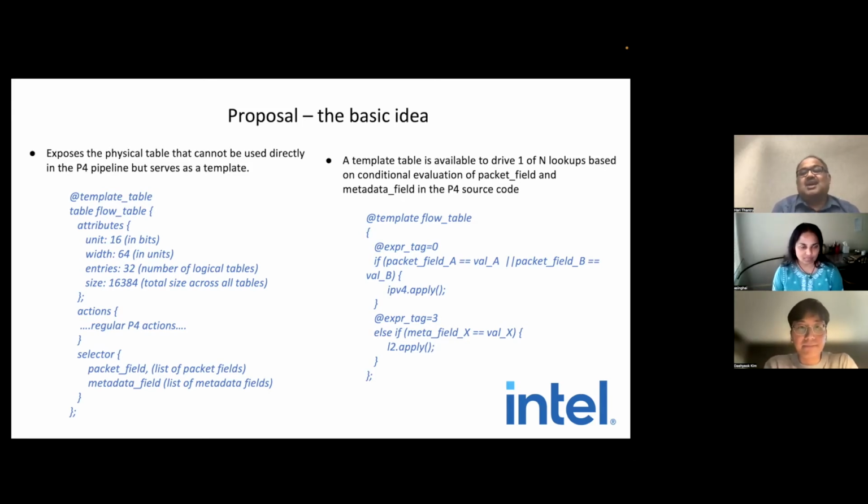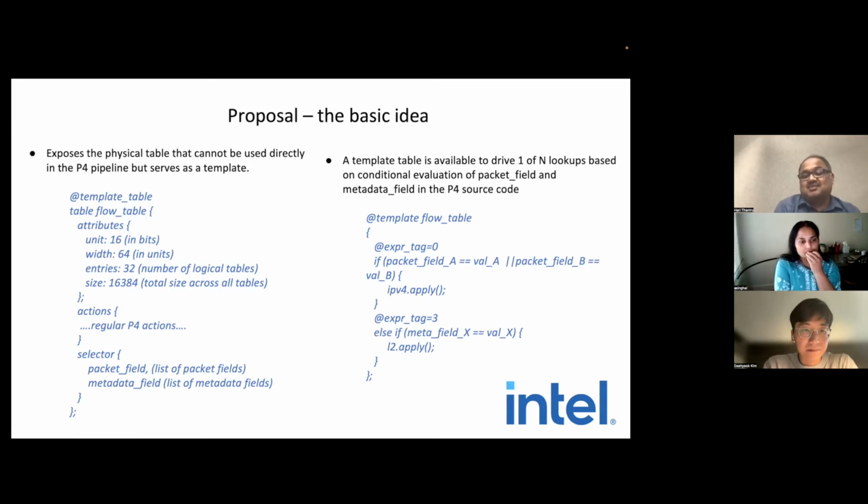And the template table defines the actual hardware table. So in this particular example, the template table would be a flow table. It contains certain attributes, and these attributes add a constraint onto the logical table as to what the logical table must satisfy.